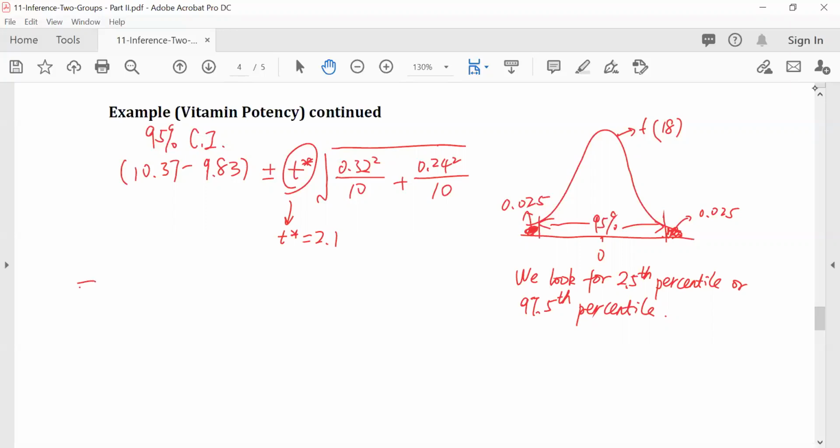Now to calculate all those, you will have your confidence interval equals 0.54 minus 0.27 and 0.54 plus 0.27, and this is 0.27 and 0.81.